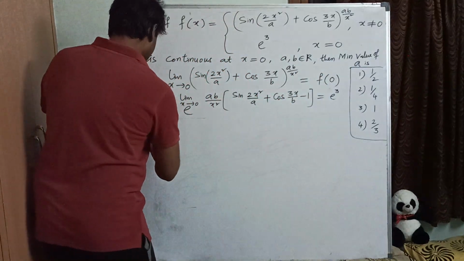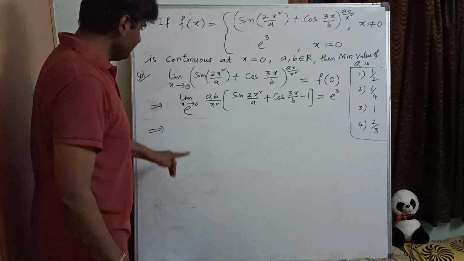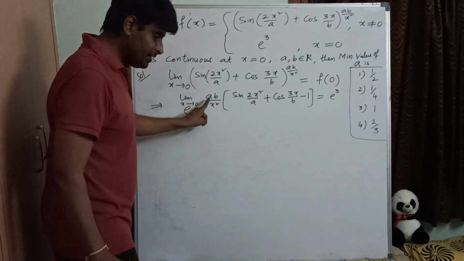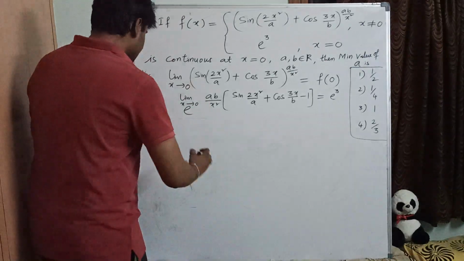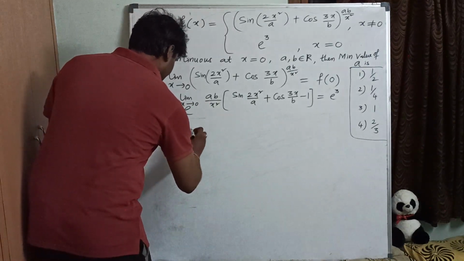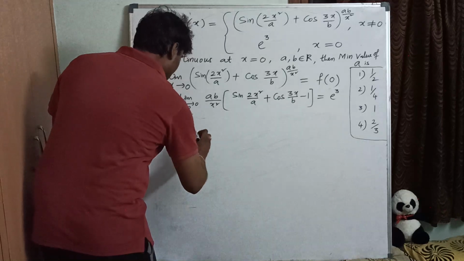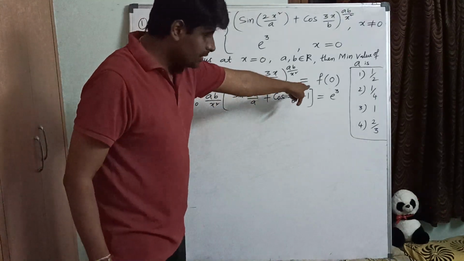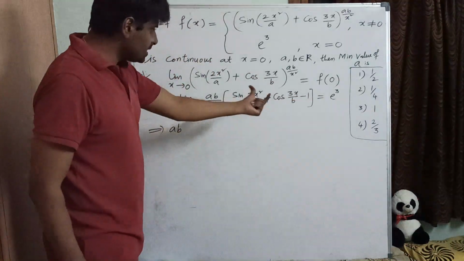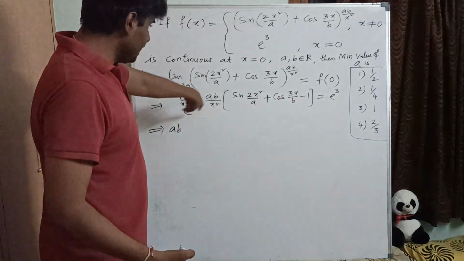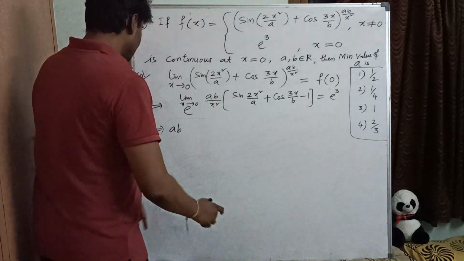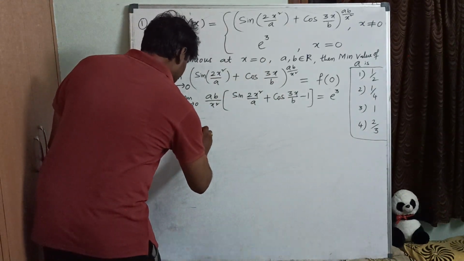Now let us go for simplifying fast. Let us take ab by x square inside. Anyway, ab is a constant, we can write ab outside. So e power. Whenever bases are the same, powers also can be equated now. e can be cancelled, so I am going to equate powers there. Limit x tends to 0.